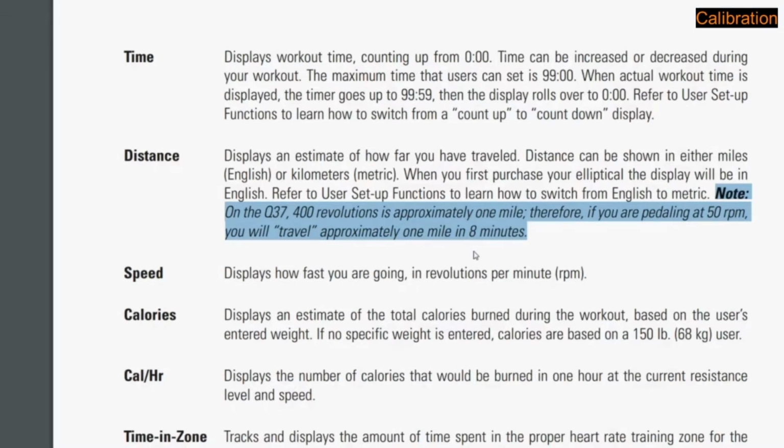Now, this is a very useful piece of information when it comes to comparing my Cross Trainer speed with the ZWIFT speed, and it's definitely going to be the baseline that I'll be using to help calibrate the two as closely as possible.